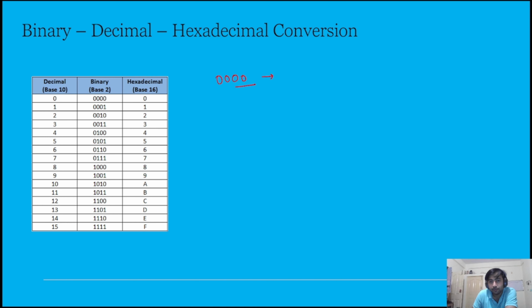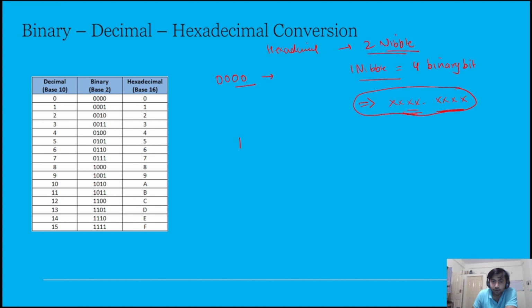As I mentioned earlier, hexadecimal is composed of two nibbles. One nibble means four binary bits. So whenever we do the calculation, we'll do it in 4-bit form.